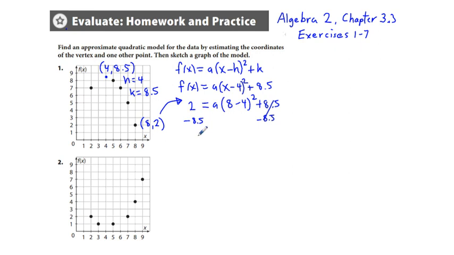So we have on the left side 2 minus 8.5, which is negative 6.5, equals 16a. So a is going to equal negative 6.5 over 16. And we can go to our calculator.